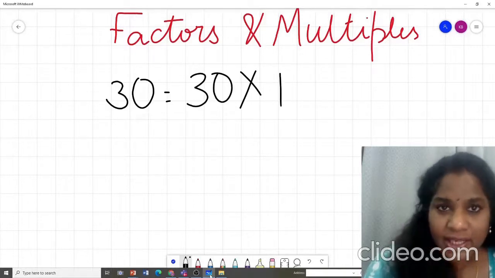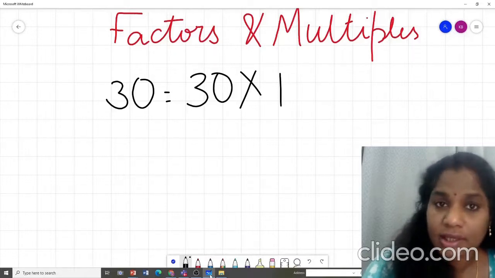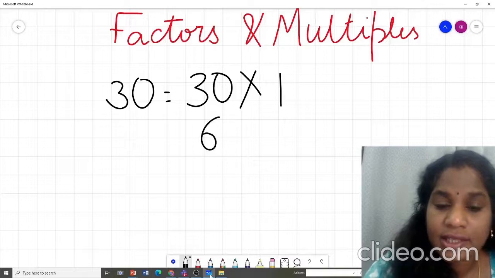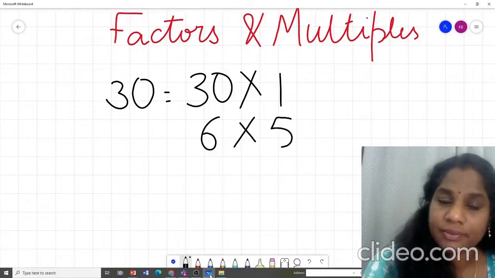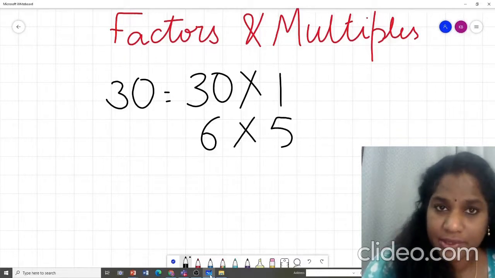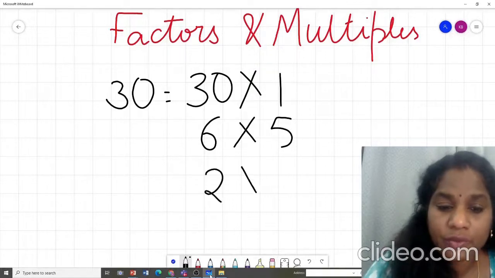Yes? Correct. 30 can be product of more numbers, isn't it? Yeah. 6 into 5. Correct. Then what? Even in 2's table 30 comes, right? What? 2 into 15. Okay.